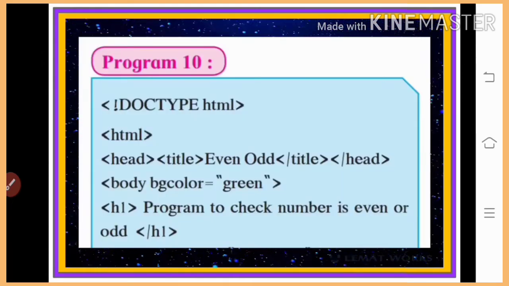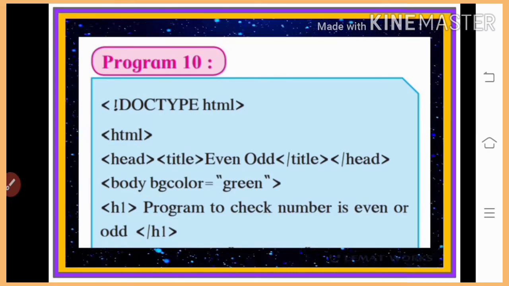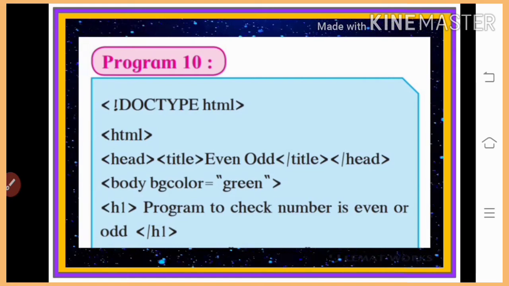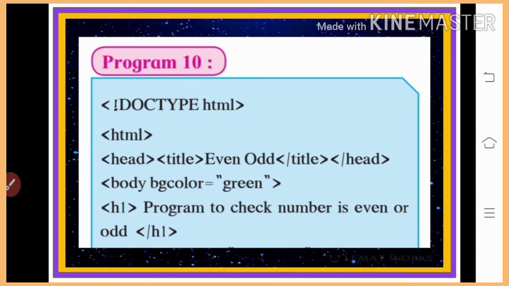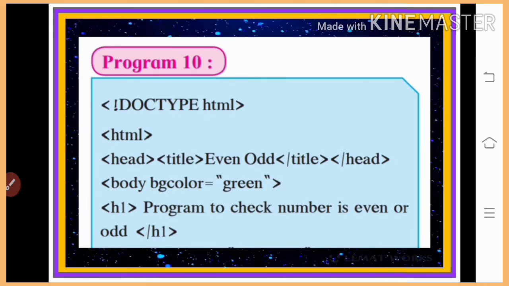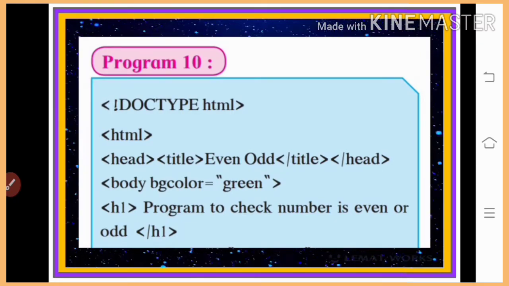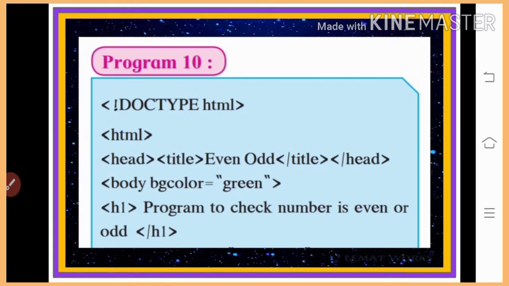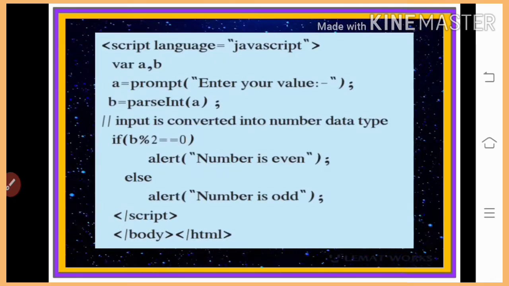Let's see one example of the if else statement. Open HTML tag, head tag having title even odd, close title, close head, open body tag having the attribute bgcolor equal to green. Use h1 tag where the content is program to check number is even or odd, close h1. This is a simple program to check whether an entered number is even or odd. Next line, script language equal to JavaScript.